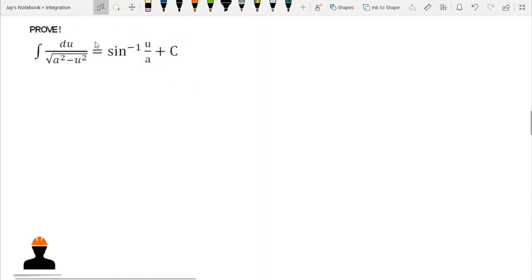Let's try to prove. Now we know that if we have square root of a squared minus u squared, if we try to plot that in our right triangle, a here is the hypotenuse, correct? And u there is the opposite. Since again, this resembles the Pythagorean theorem, if we have a minus sign in between, the first term is the hypotenuse.